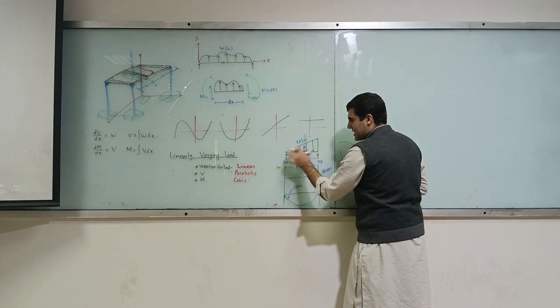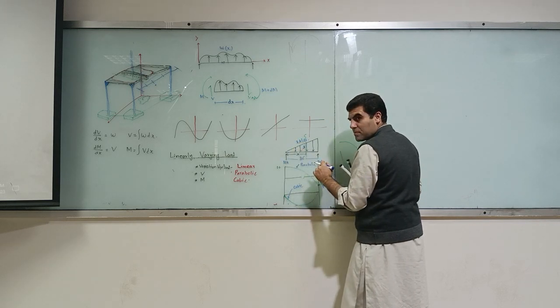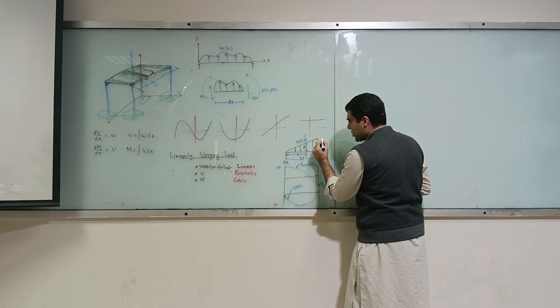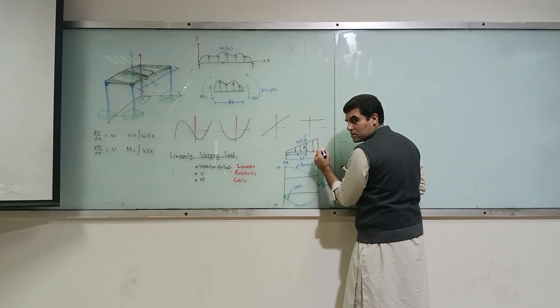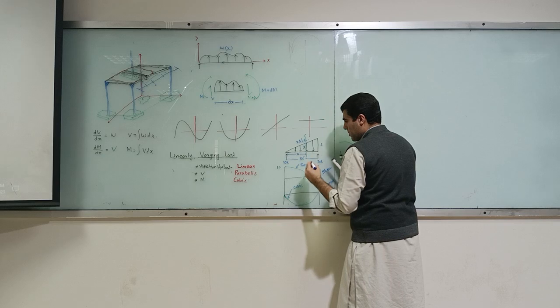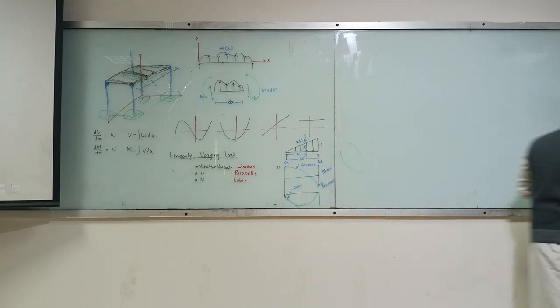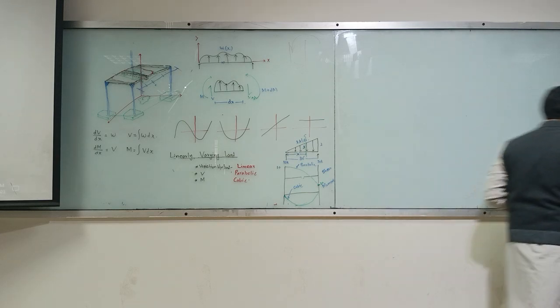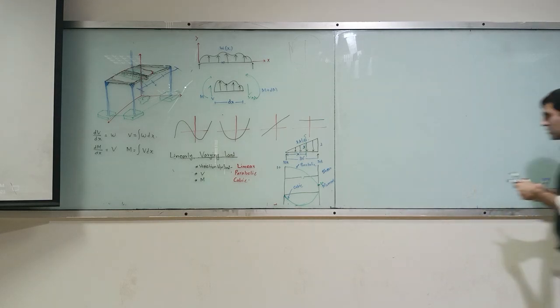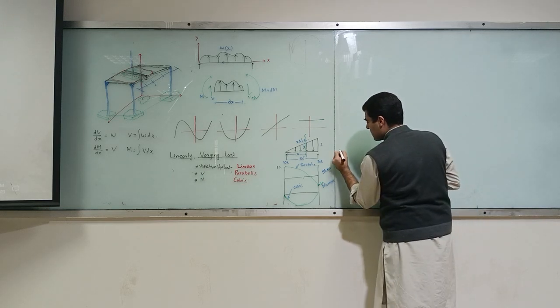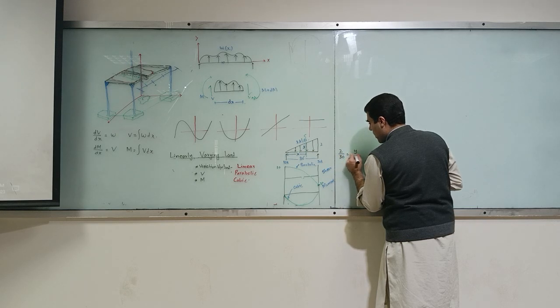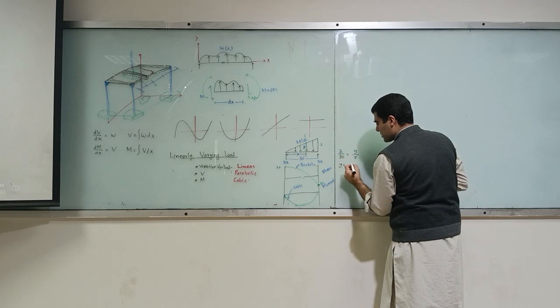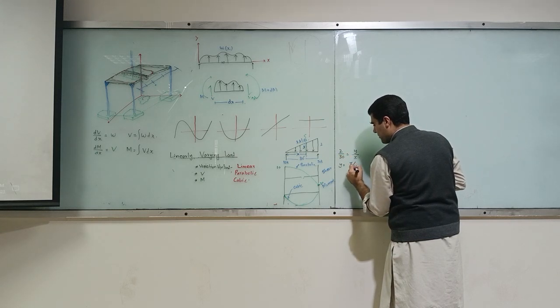What is my y at a distance x? I can write y/x is equal to 2/13, y over x. So y is equal to x over 15.